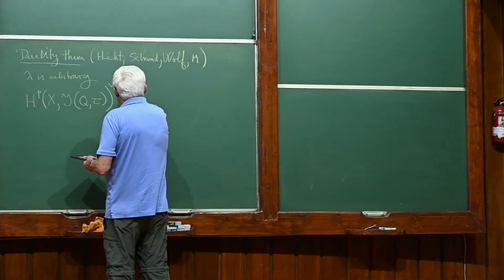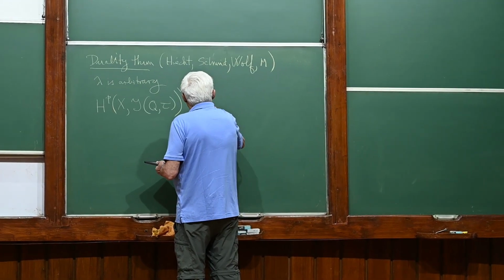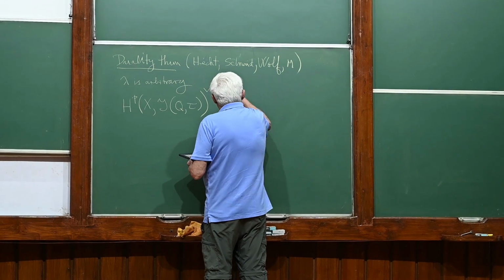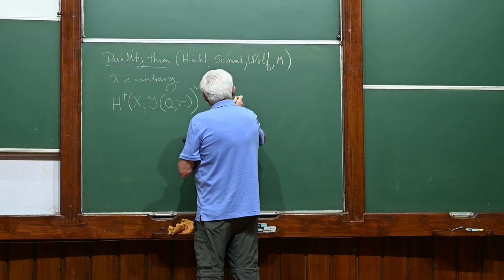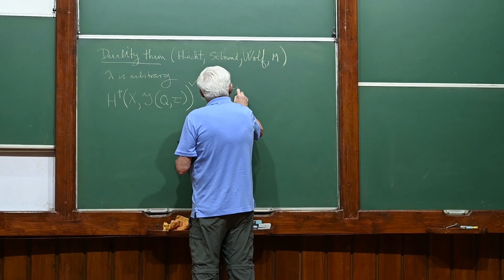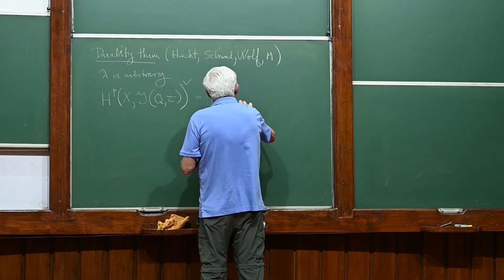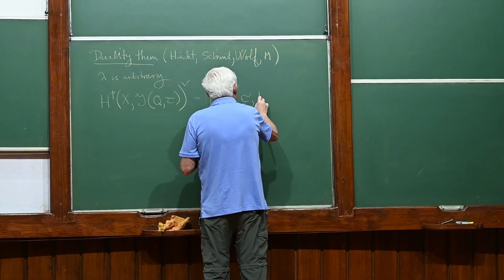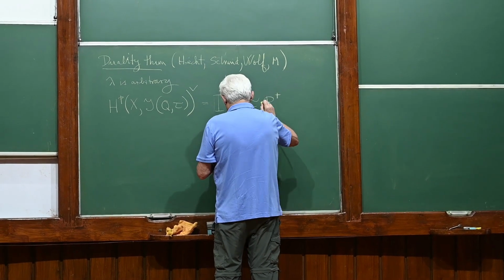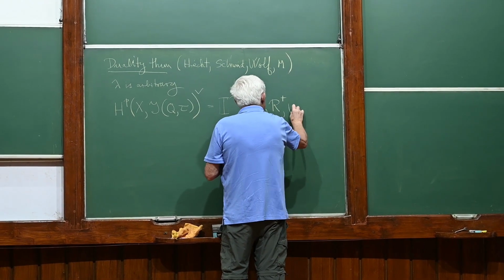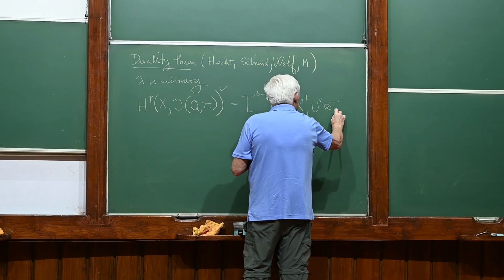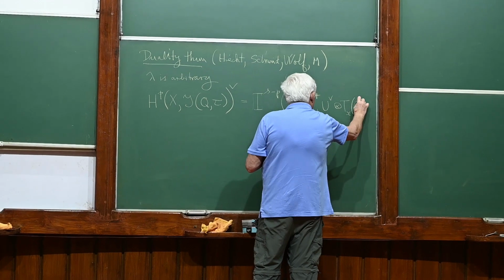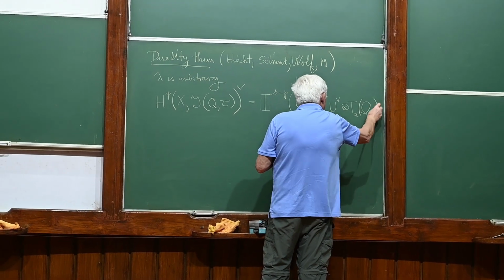And then this is equal to S minus p C, I have to explain all the notation, R plus, you check, tensor with p star of omega x.